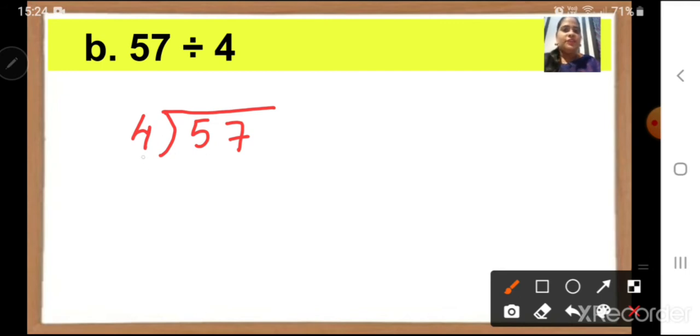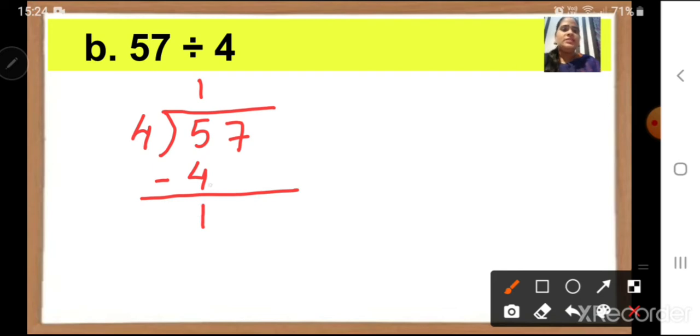We have to see 4's table, correct? It is our divisor. Now 4 ones are 4 and 4 twos are 8. So 5 will not go in 4's table, but we have a nearby number which is 4 ones are 4, right? Then we have to subtract. 5 minus 4 is 1.